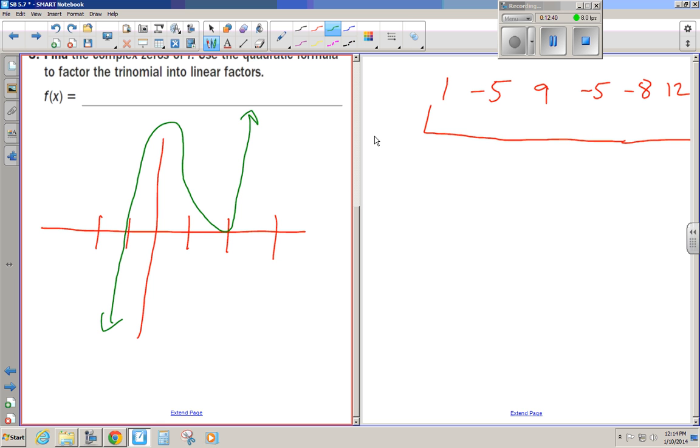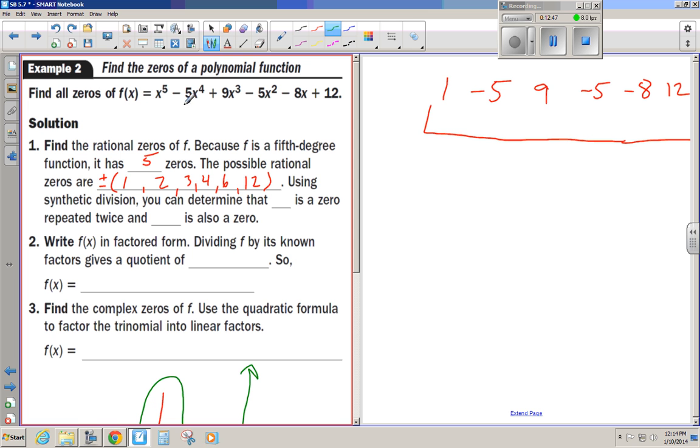It looks like a cubic, but we know that there are 5 zeros. But in looking at this graph, we're going to test -1 and +2.